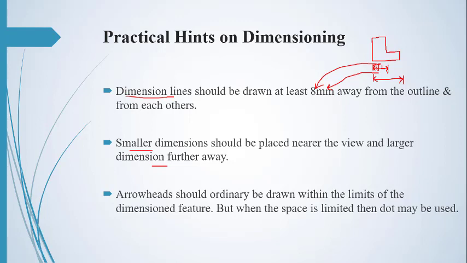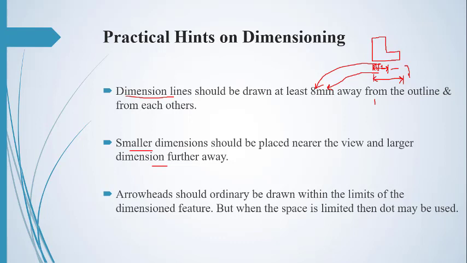I have written 3 feet and I have drawn a dimension line above, and for a larger dimension I will keep the line 8 millimeter away from the smaller dimension line. So this must be followed for all drawings.